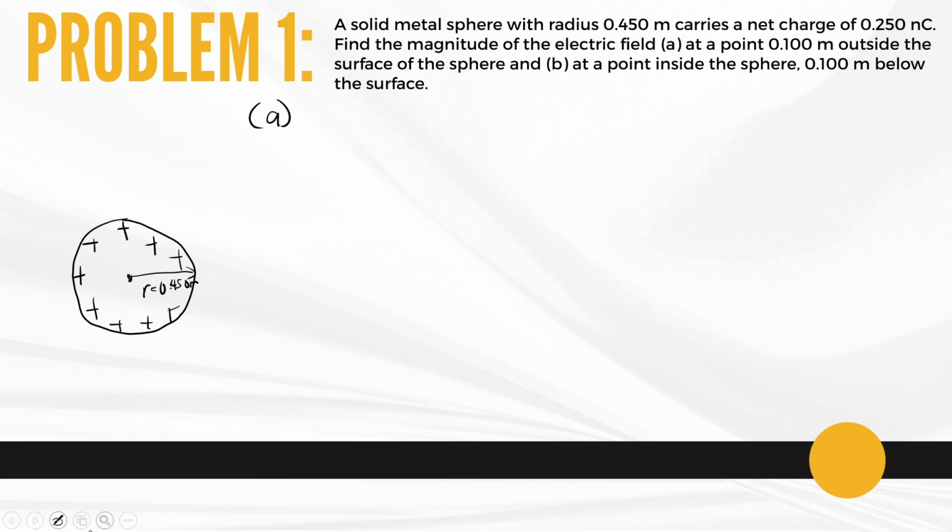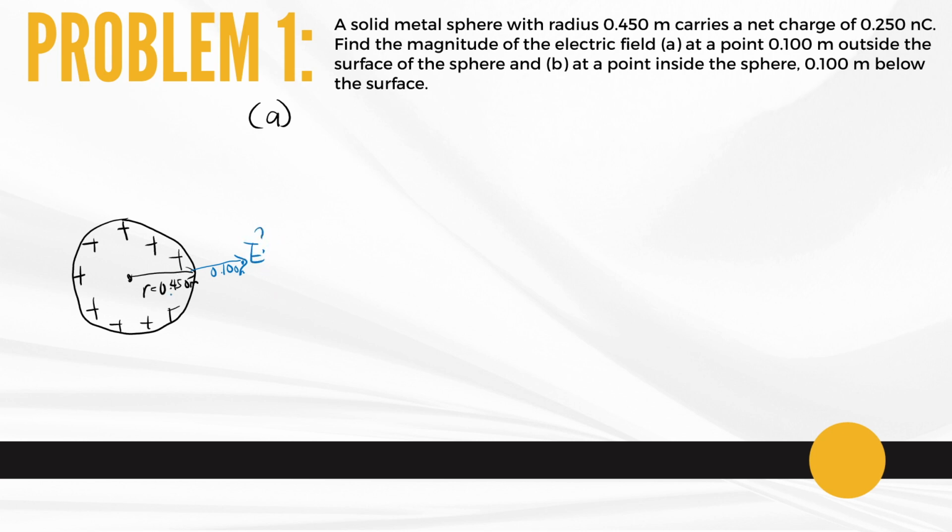Okay, let's do A first. I take a point 0.100 meters outside. So let's say I take a point here, and this distance is 0.100 meters. Then I find the electric field at that point. What is my electric field at this point?